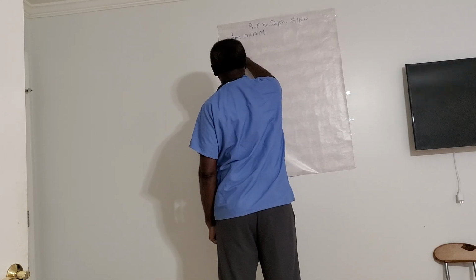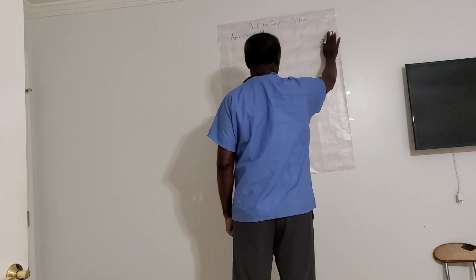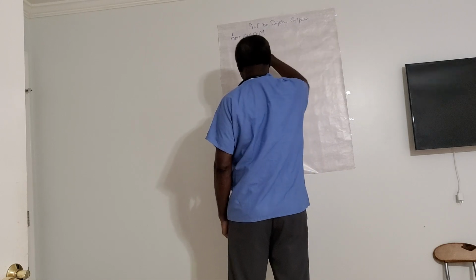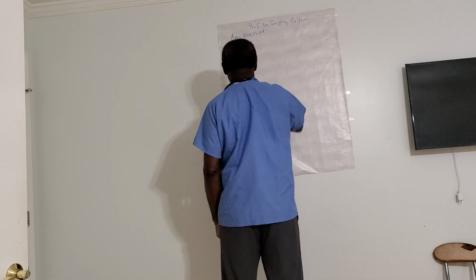We're going to have 12 elements going across, 12 columns, and 10 rows.